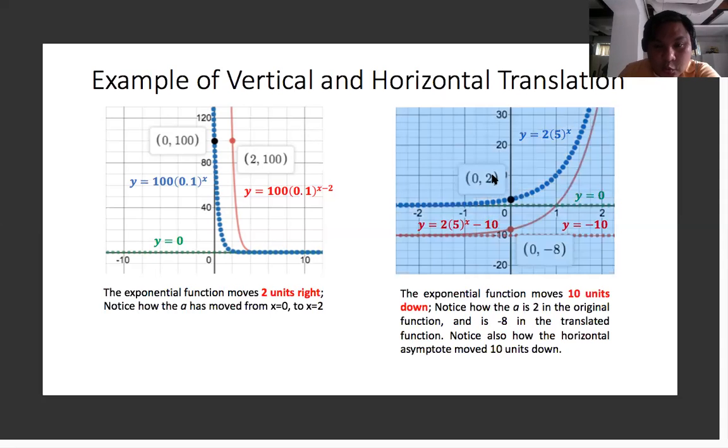So 2 minus 10 definitely gives us negative 8. This is how we can show that this function definitely underwent vertical translation from the parent function.